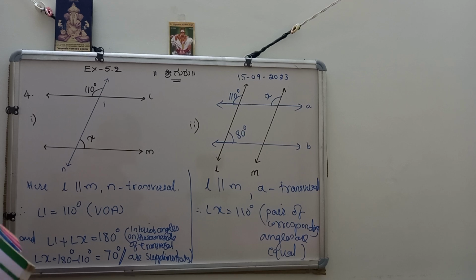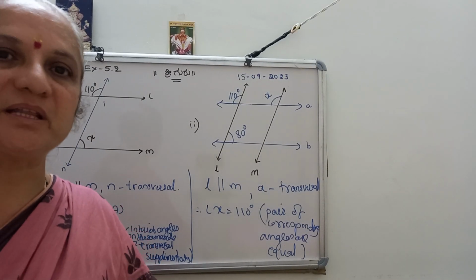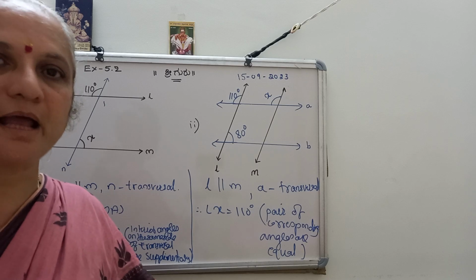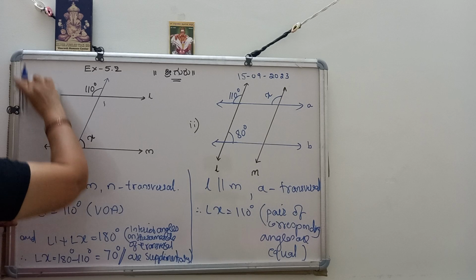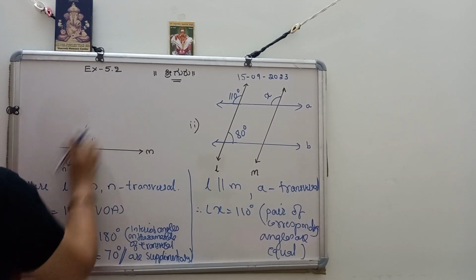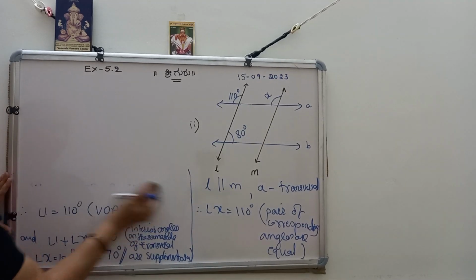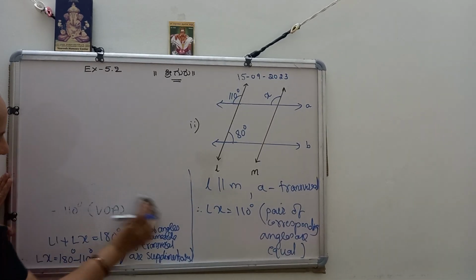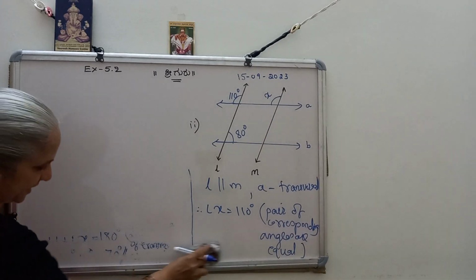Hope you understand. If you have any doubt, please ask me in the comment box so that I can answer you. Now let me wipe this. Till then, you start with question 5 and try to find the angles. Recognize the parallel lines and the transversal and the angles accordingly.